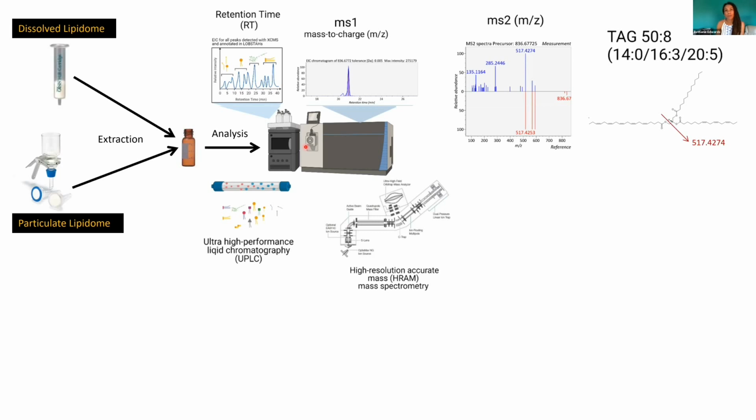And that would allow you to annotate a compound more confidently. And so this particular compound, we're able to say that it's a triglyceride with 50 carbons and 8 double bonds. And the three fatty acids that it has are a C14:0, a C16:3, and a C25 fatty acid.